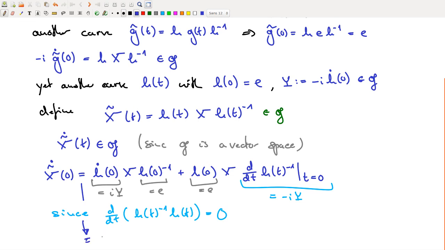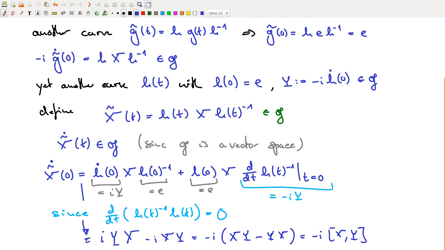We have i Y X plus, no, sorry, minus i X Y. So that's minus i times XY minus YX, and that's just minus i, the matrix commutator of X and Y.